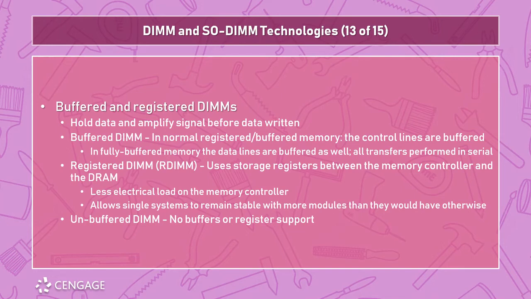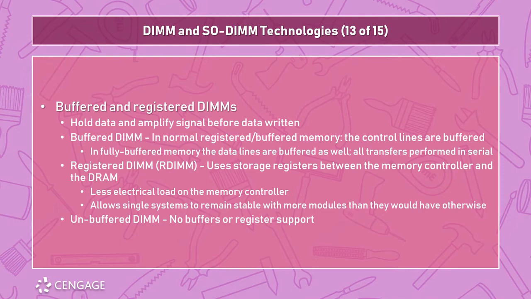So let's say that we have a RAM stick that currently operates at 1.5 volts, and we have 4 of them. If we use a registered DIMM, we're then able to cut the voltage to 1 volt instead. So now we have an additional 2 surplus volts that are designated for our RAM sticks, which means that we can then implement a further 2 modules.